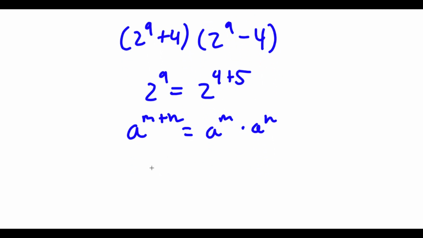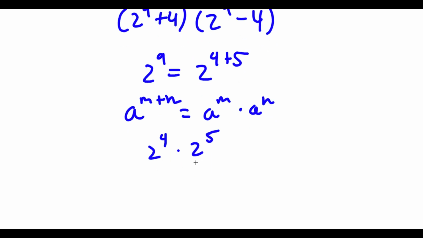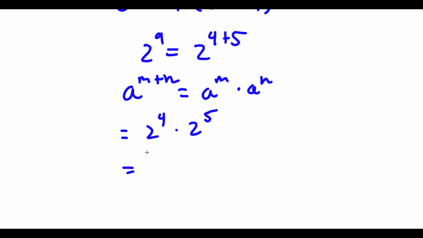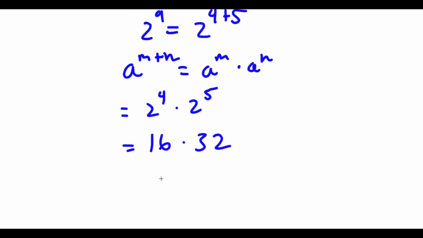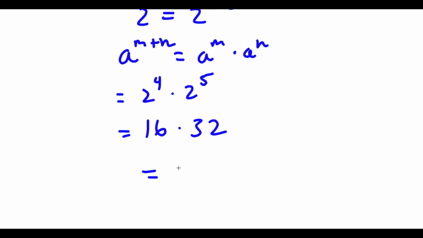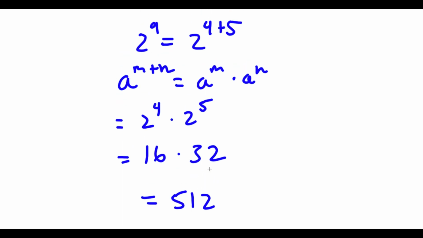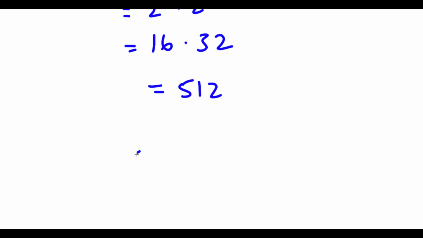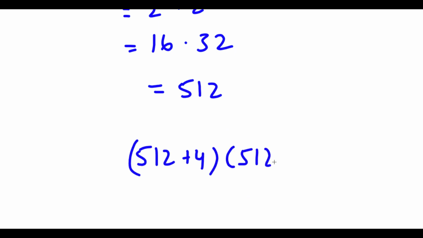So 2 to the power of 4 plus 5 equals 2 to the power of 4 times 2 to the power of 5. 2 to the power of 4 is 16, and 2 to the power of 5 is 32. So I have 16 times 32, which is equal to 512. So now I have 512 plus 4 times 512 minus 4.